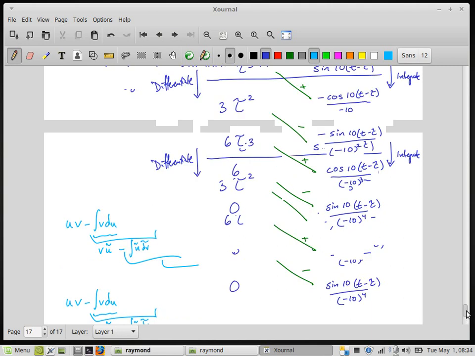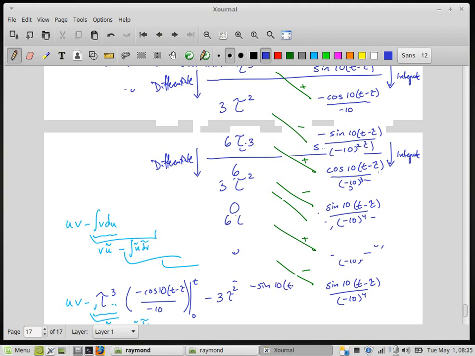So we've got tau cubed times minus cosine 10 t minus tau over minus 10, evaluated from 0 to t. We've got minus 3 tau squared times a negative sine 10 t minus tau over minus 10 squared.